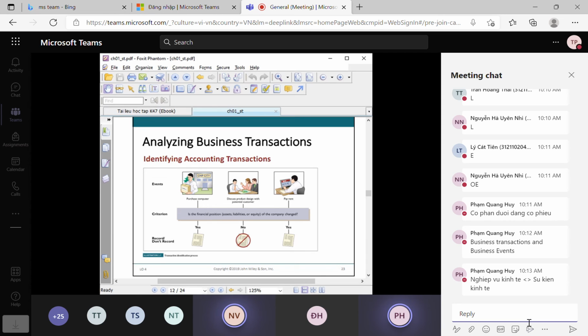Please remember, accounting is only concerned about transactions. They ignore all the events that happen in the company. Ignore, pass away. In one day, the company has a lot of things happen, and they should classify things into two parts. What are transactions and what are events? All events pass away.